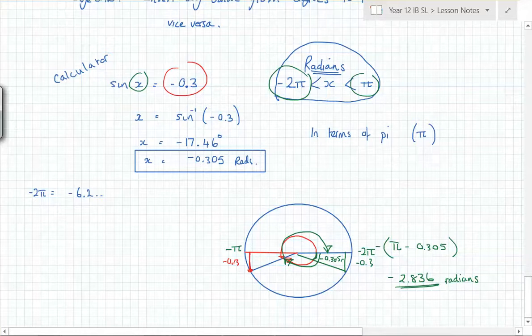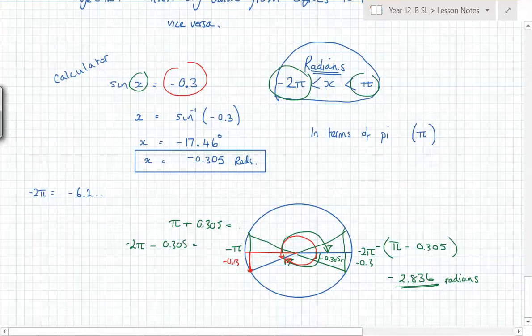Some people, if they're not thinking, would say, that's minus 0.305 and that's minus pi, then I'm just going to go above as well and say it's pi plus 0.305, and then over here as well, which is minus 2 pi minus 0.305, and they would give 4 answers.